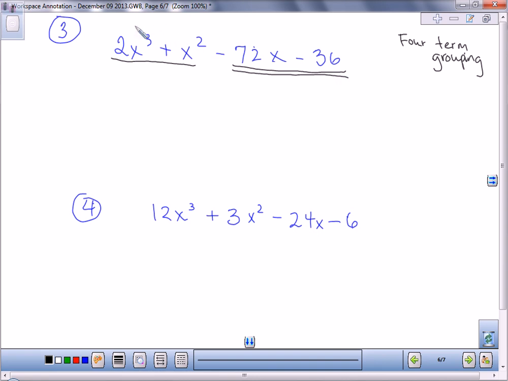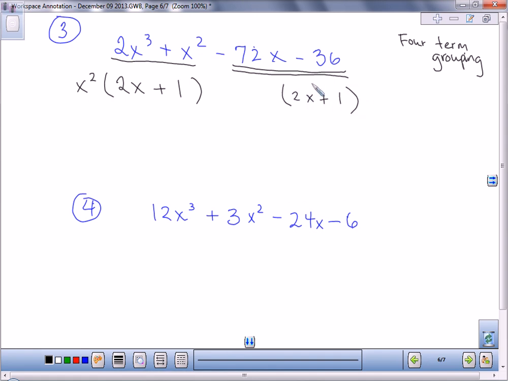If I look at the first two in this group of 4, do the first 2 terms have a common factor? Yes. What is it? x squared. And if I factor out that common factor from the first group, what does it leave me with? 2x plus 1. Now, 4-term grouping only works if what we factored out here is what is left here.